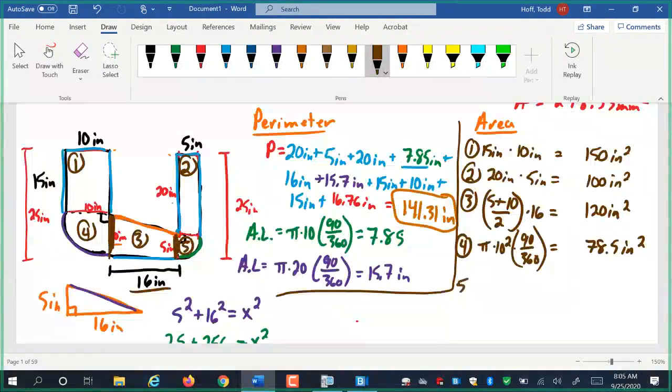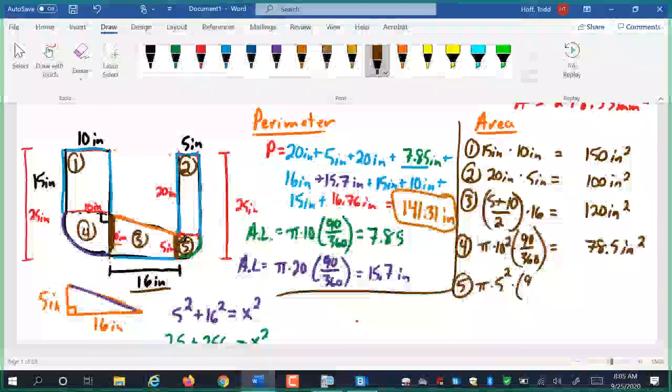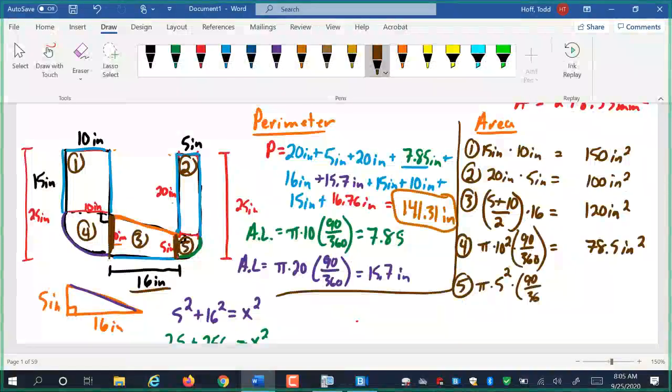And piece 5: pi times 5 squared, there's a radius of 5 there, either divided by 4 or times 90 over 360, either way works. Which is 19.63 approximately square inches.